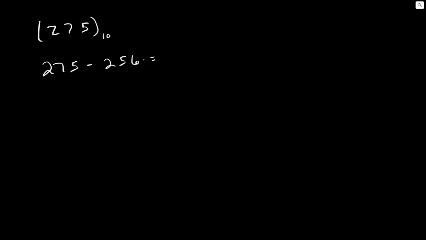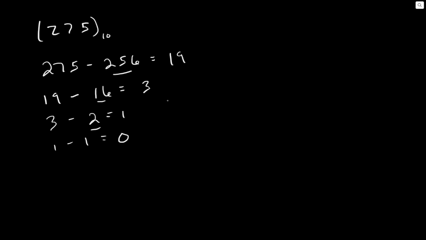That equals 19. 256, very important. 19 comes down here, minus our next largest power of 2, which is 16. Should equal 3. 16 is very important. Then 3 comes down here, minus 2 equals 1. 2 is important. Then 1 minus 1 equals 0. That's how we know we're done.